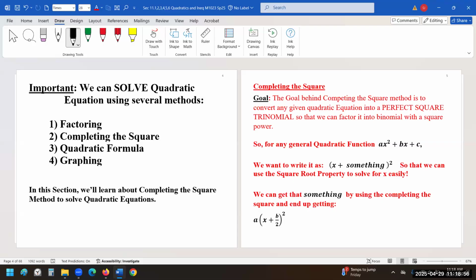So how can you rewrite this as that? The mathematician says it's easy. As long as your A is 1, this something here is half of your beta, and then you can complete the square. That's all you need to do.